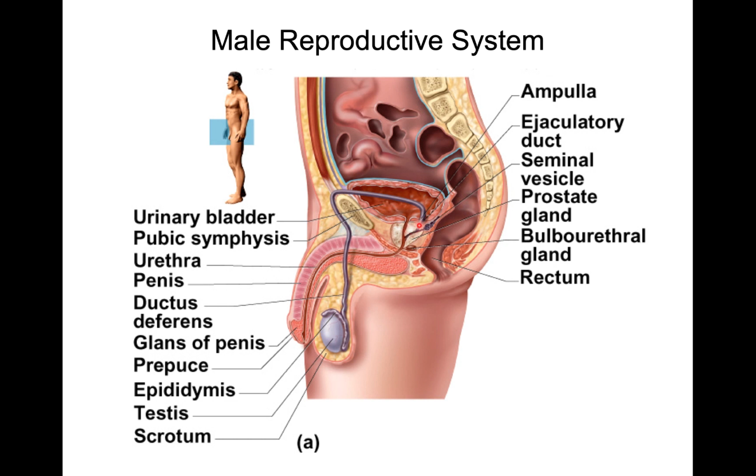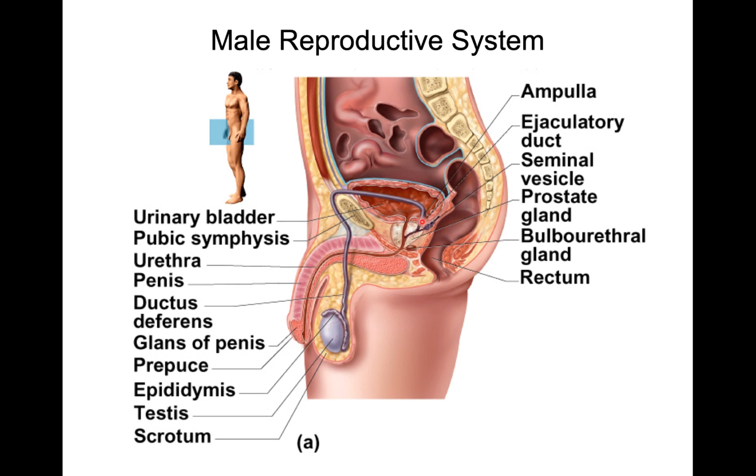So ejaculatory duct and the urethra will converge together right here in this white region. This white region is the prostate gland. So in the middle of the prostate gland and sort of behind it, you have convergence of the urethra and the ejaculatory duct. The urethra will carry through it urine as well as semen.